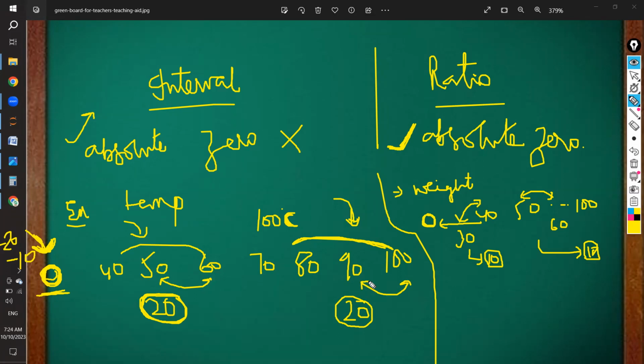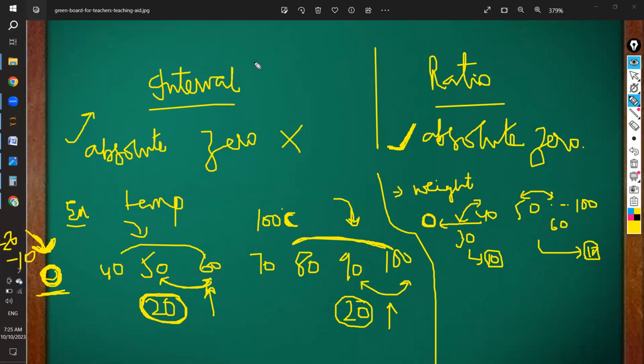Are you getting it, guys? You need more and more heat over there. From 50 it's less heat, but if you want to keep on increasing the temperature, you need more and more heat.